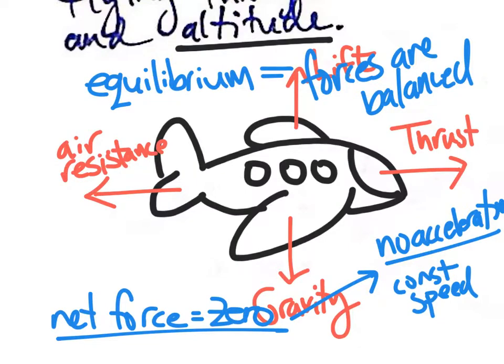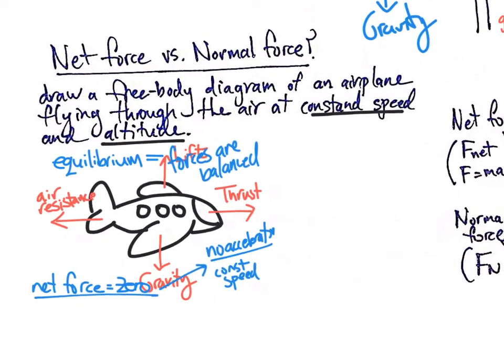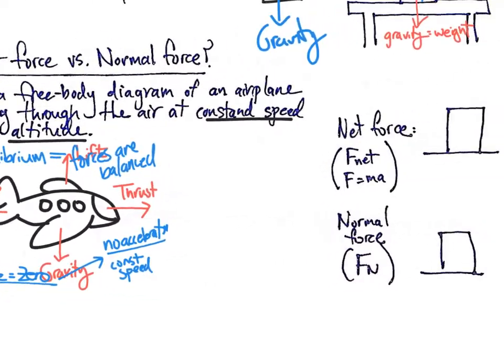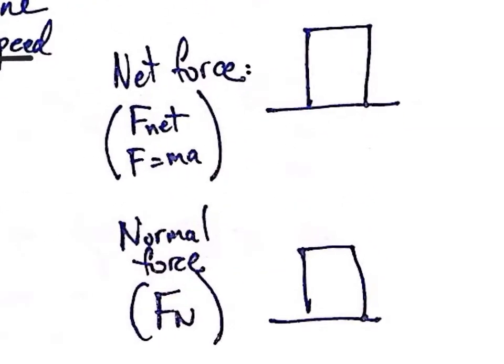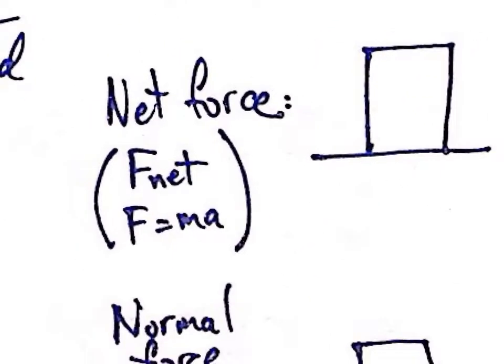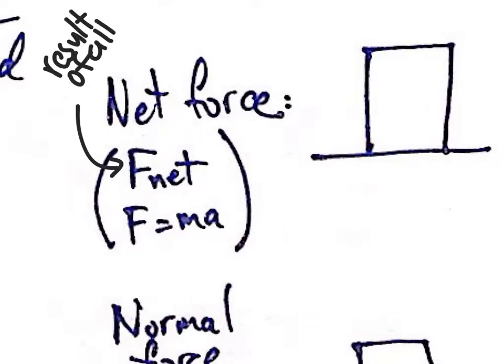We didn't draw any planes or pelicans or whatever. But let's talk about net force versus normal force. And so by net force, I know some people think of like Spider-Man or whatever with these nets. Net force, so that is the result of all the forces. Sometimes people describe it as the sum of all the forces, and so that's fine as well.